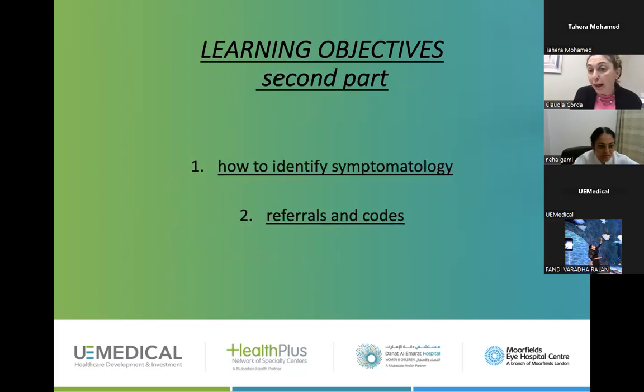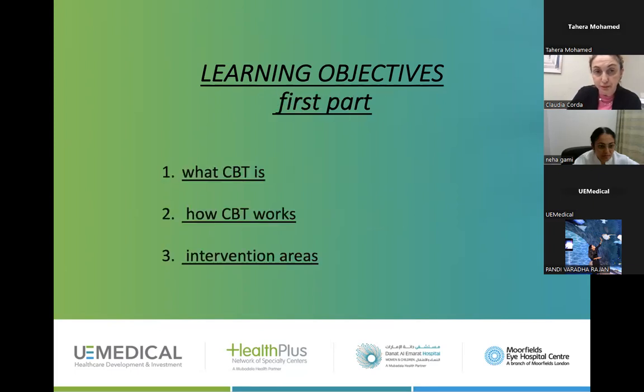The second part will be how to identify the symptomatology, how we can understand if someone needs CBT, and how we can make a clean and efficient referral to the mental health department.